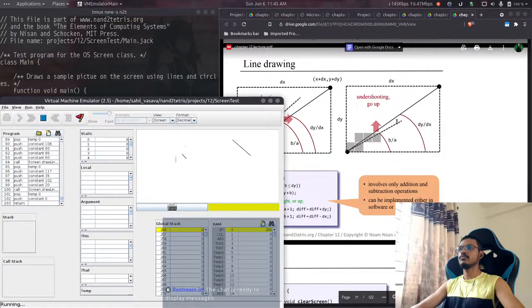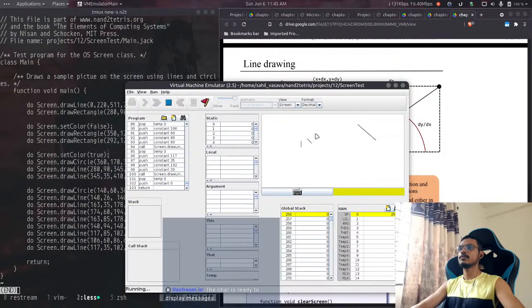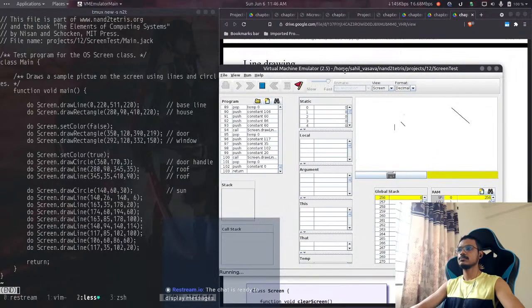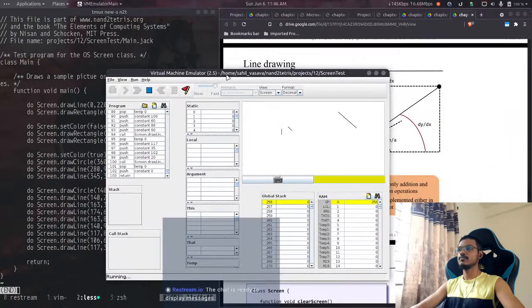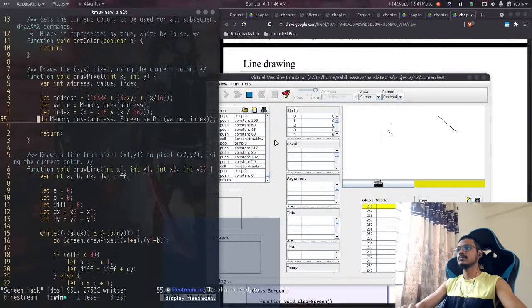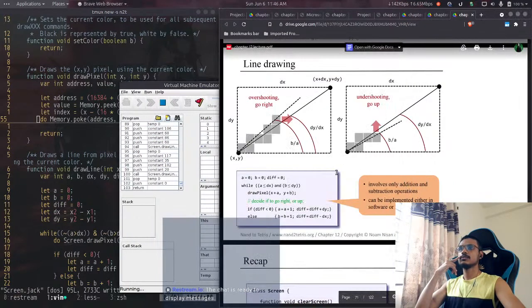Wait, if we created the algorithm for this kind of line only, then how can I draw this kind of line? That's weird. Okay, let's forget about that and see what we need to do to draw different lines.